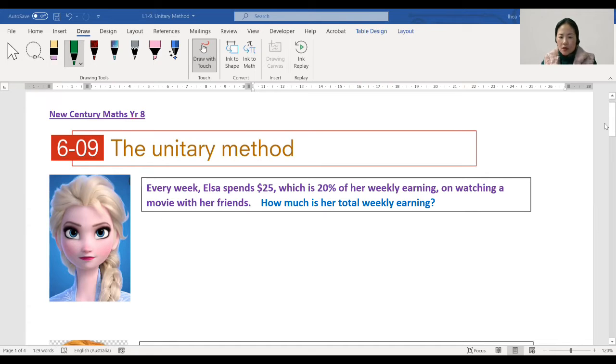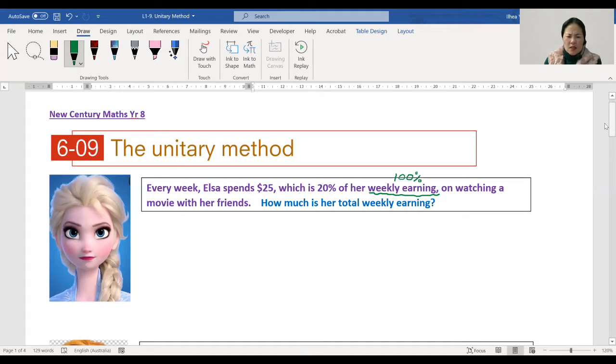So $25 is just 20% of her weekly earning. Now, her weekly earning, whatever it is, is going to be 100%. But 20% of that 100% is $25. And we want to know how much she really earned altogether, her total weekly earnings.